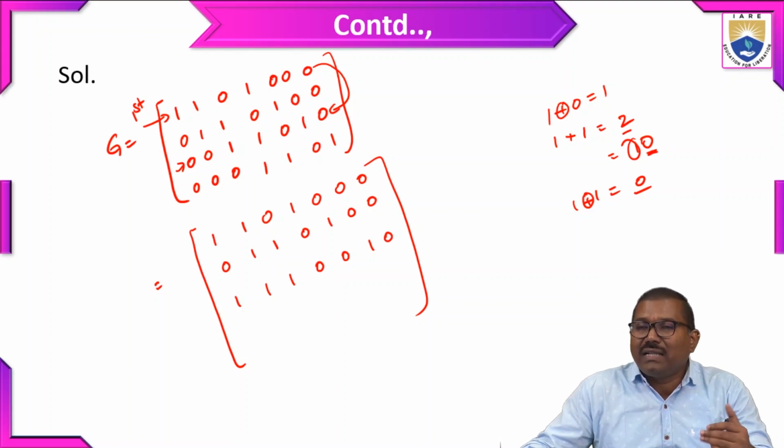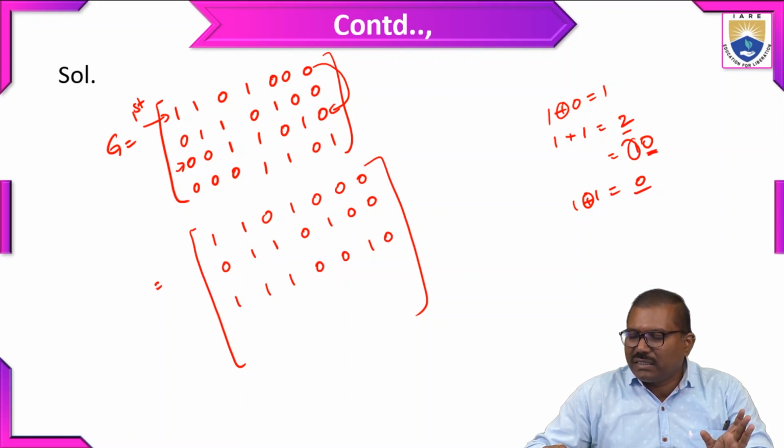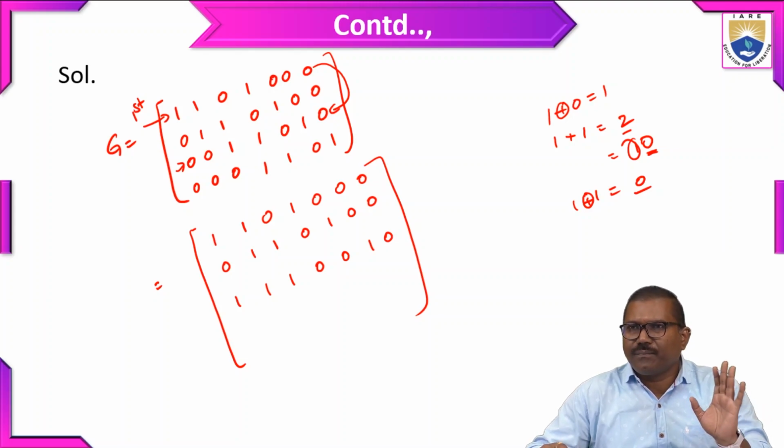In an ordinary sum operation, addition, 1 plus 1 you get 2. So this 2 again convert into binary form, 1, 0, and take the last bit 0. So that is a lengthy process. This is the simple XOR operation. Okay.